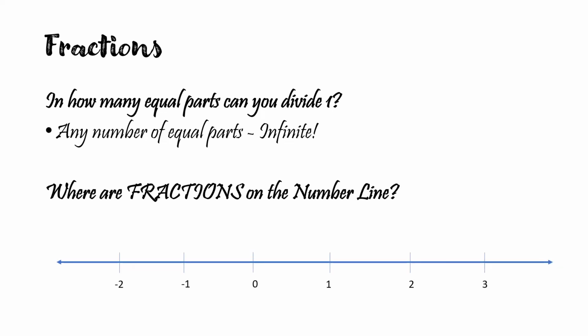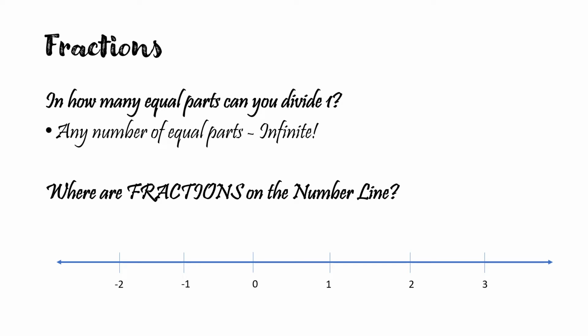Now where are fractions on the number line? When you see this number line, the difference between 1 and 0 is 1, 2 and 1 is 1, 3 and 2 is 1. Again, the difference between 0 and minus 1 is 1, minus 1 and minus 2 is 1. How can we divide this 1 into smaller number of equal parts?